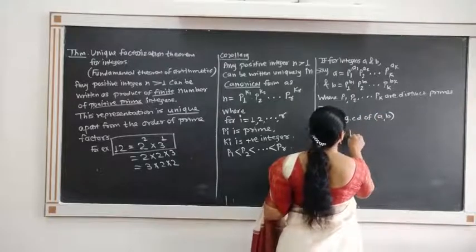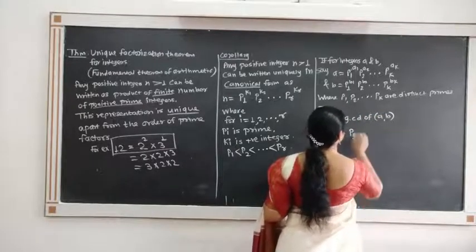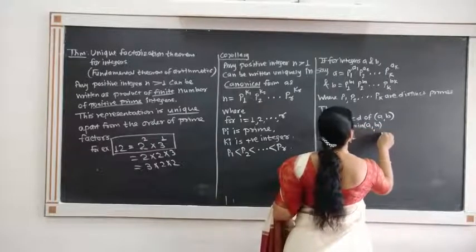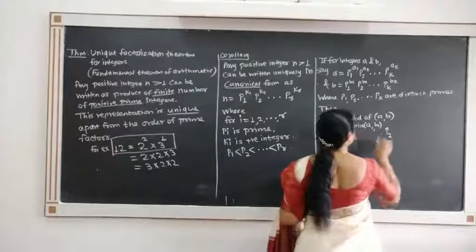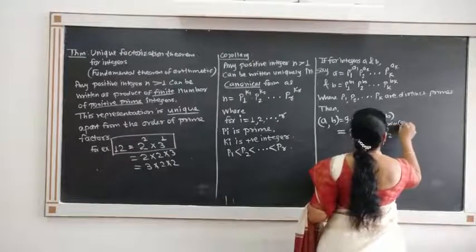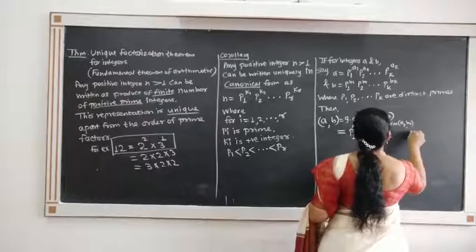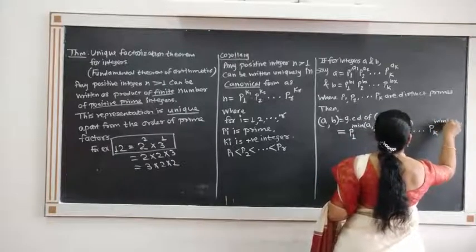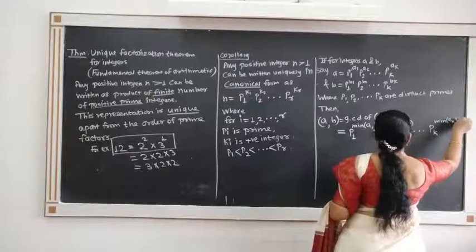is nothing but p1 raised to minimum of a1, b1, into p2 raised to minimum of a2, b2, and so on, pk raised to minimum of ak, bk.